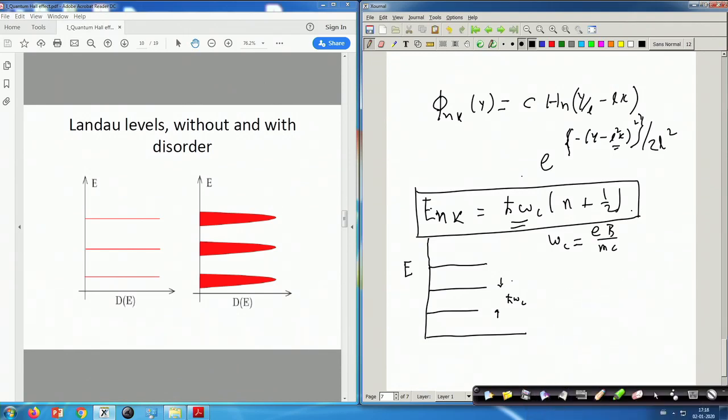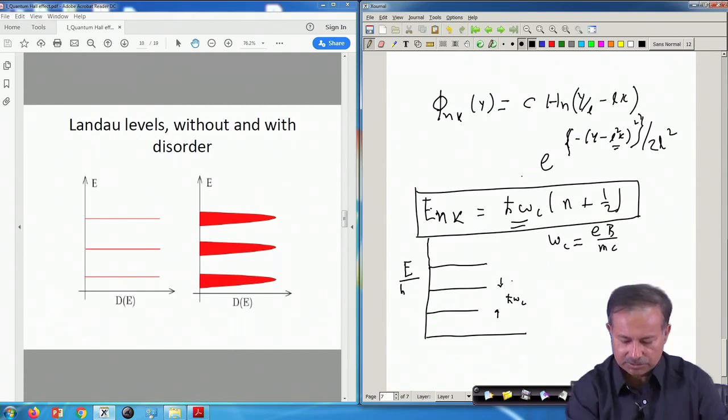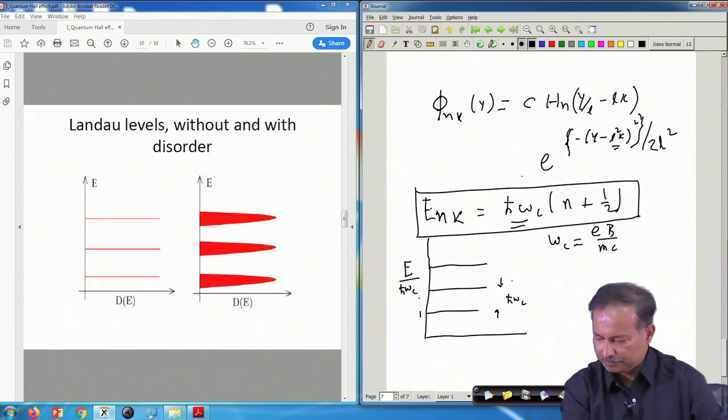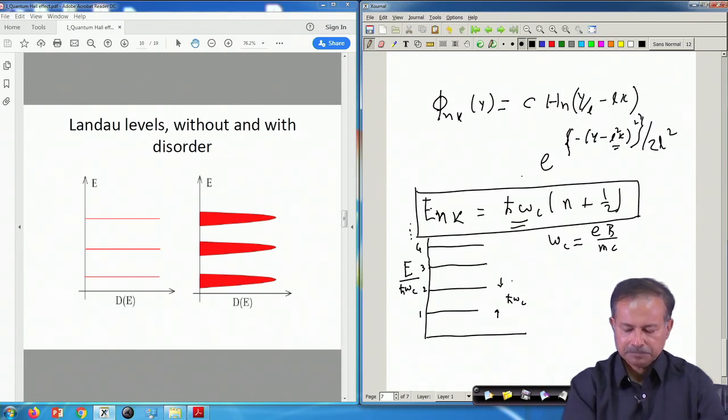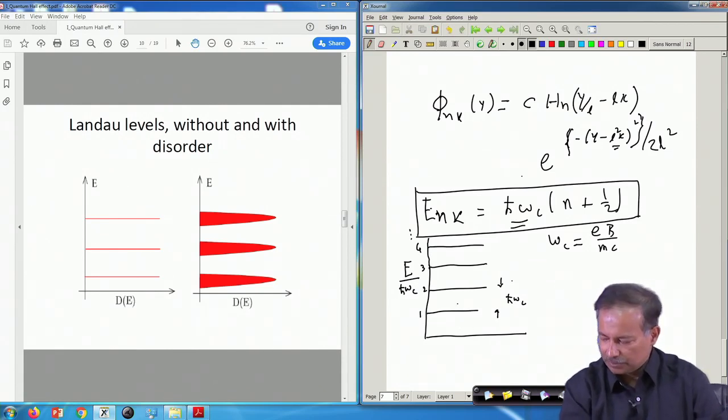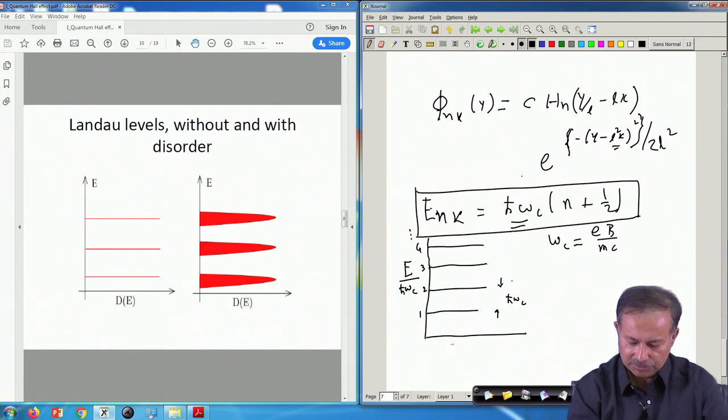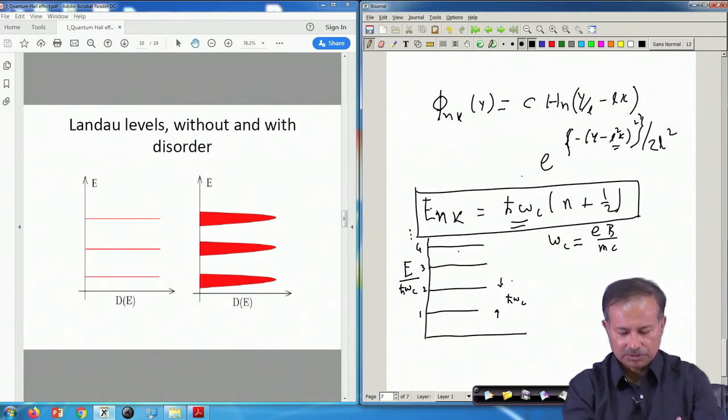The interesting thing is that if you just divide this by h cross omega c, then these will be 1, 2, 3, 4 and so on. Now, if you have B equal to 0, then of course, this will not happen.